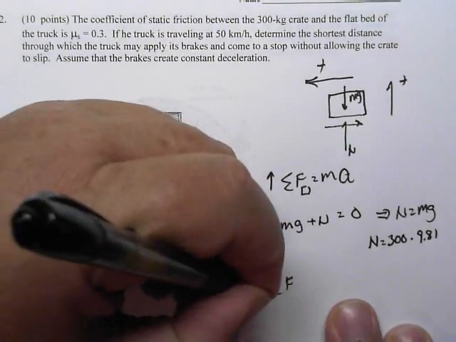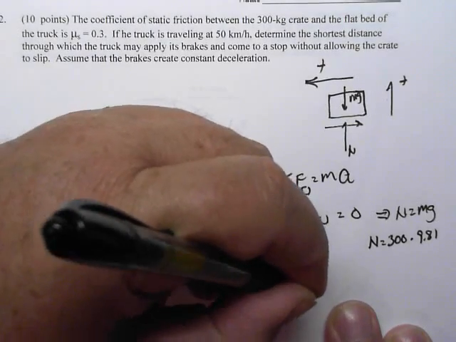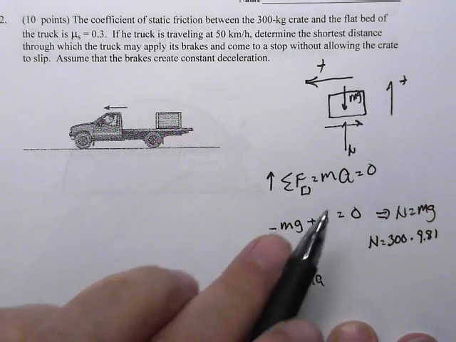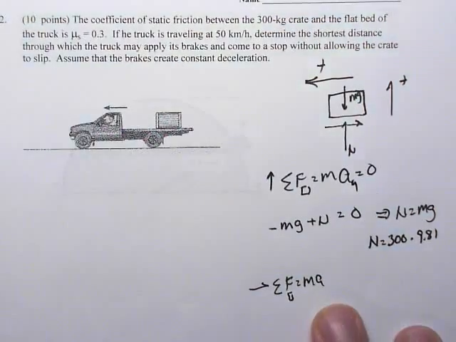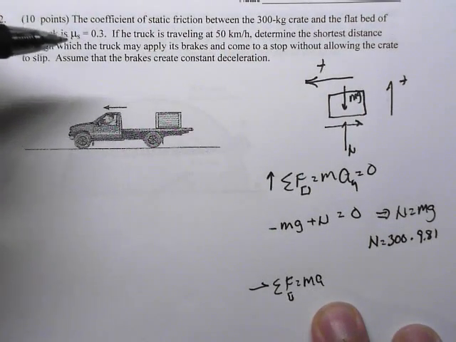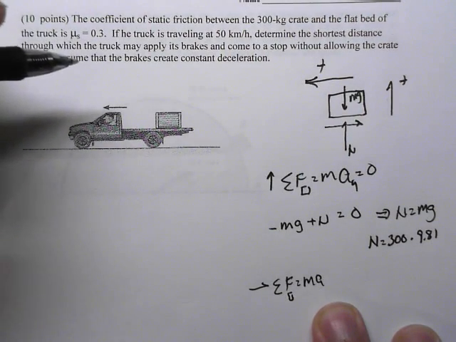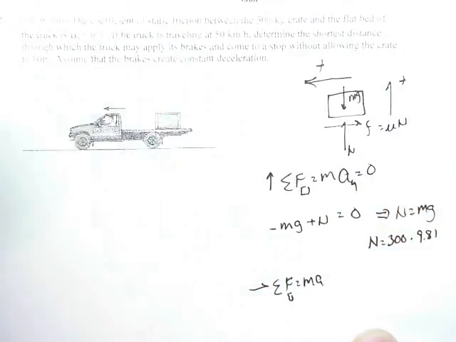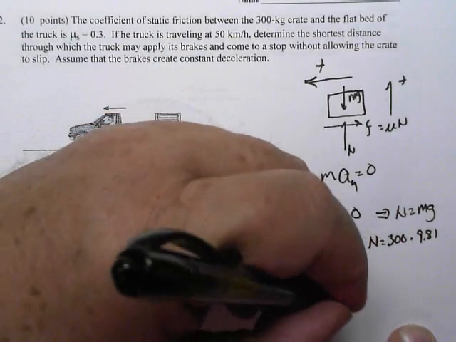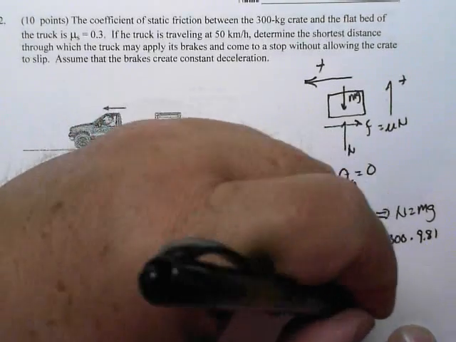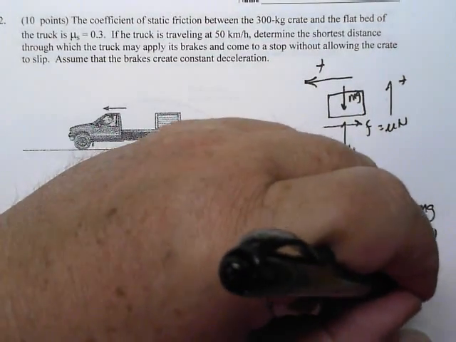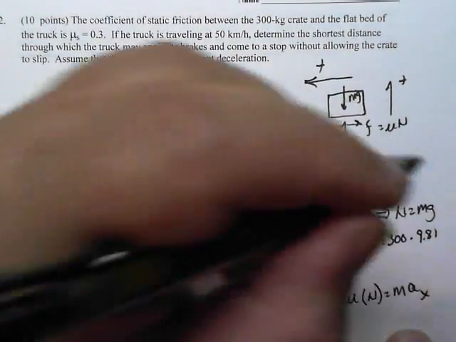Sum of forces in the x direction on the box is equal to mass times the acceleration. Let's see, and this one was 0, so we'll write that one in. No acceleration in the y. And so we will have only a horizontal direction force, which is our friction force, which is mu times N. And so we will have a negative mu times N is equal to mass times the acceleration in the x direction.